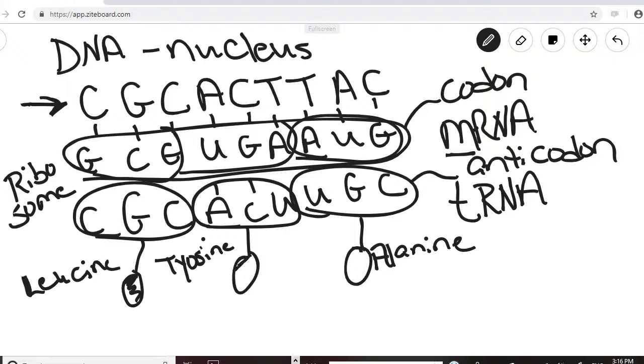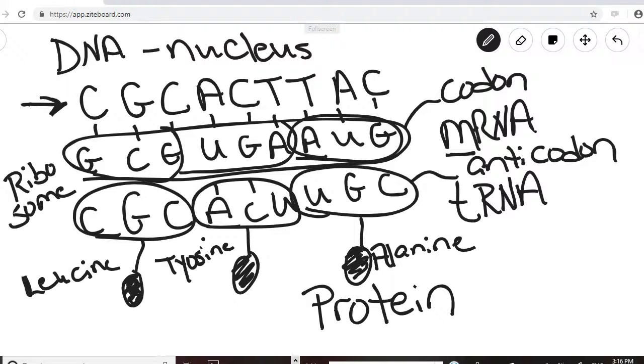So as these bases are lining up with each other in groups of 3 on the transfer RNA, we are also lining up amino acids. Depending on how long this strand of transfer RNA is, that determines how many amino acids get lined up and in what order they get lined up, and that's what a protein is.